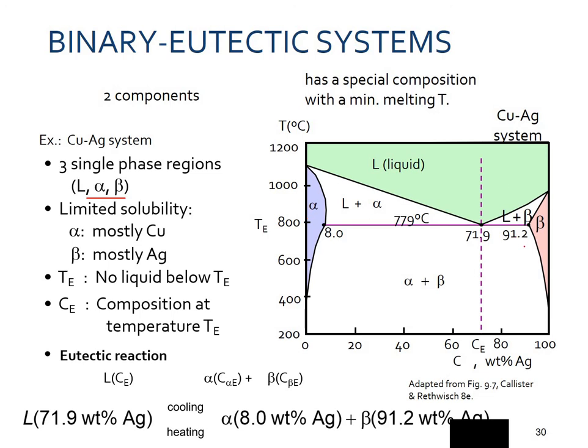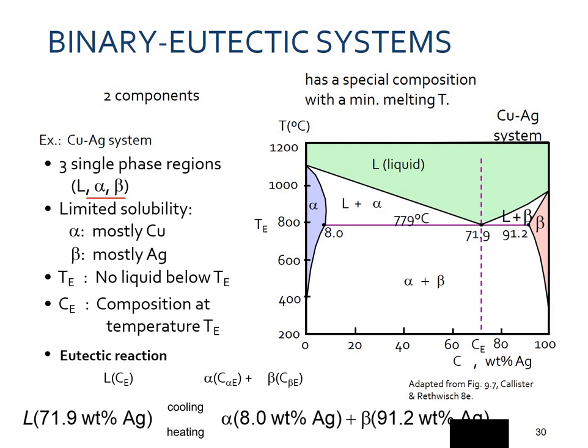And in the beta region, it would be mostly silver, but not all again. As you can see, the region over here is not 100% silver, and the alpha region is not 100% copper either. So it is mostly copper and mostly silver.